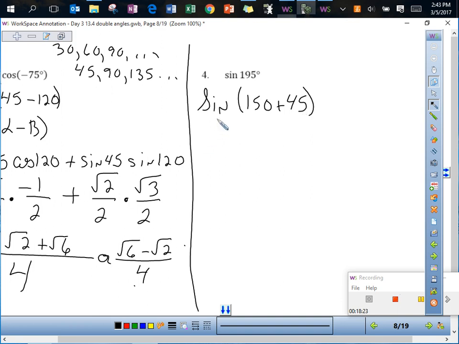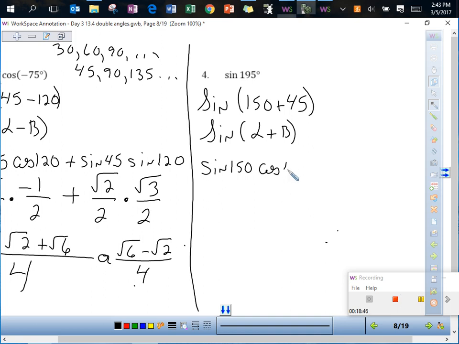So I just volunteered to use the sine of alpha plus beta formula. Looks like the third one down on your note card. So I'm going to go sine of 150, cosine of 45, plus cosine of 150, sine of 45.